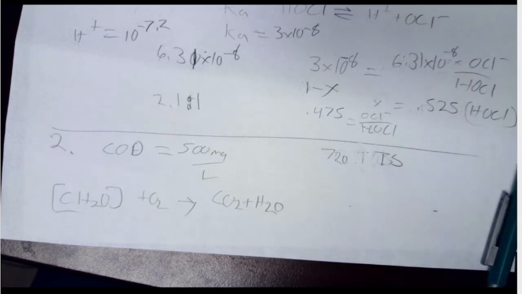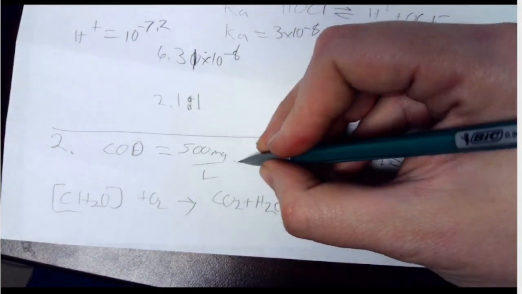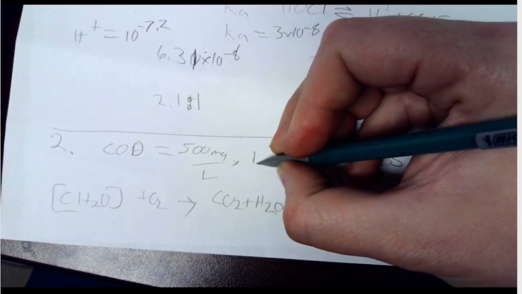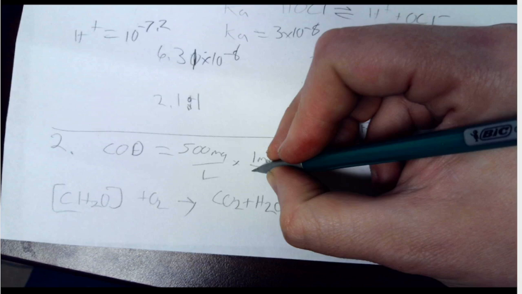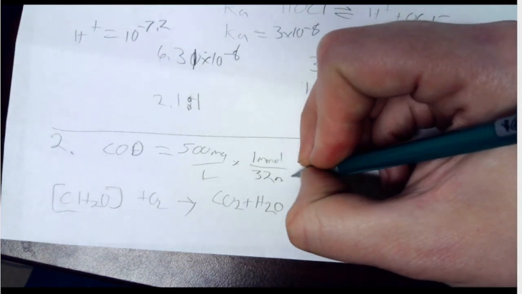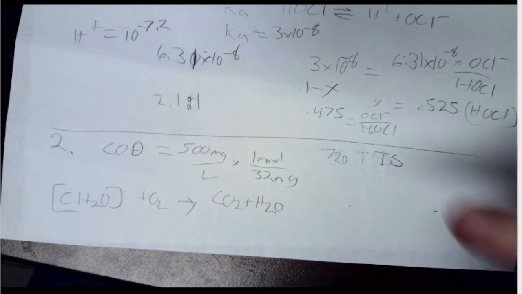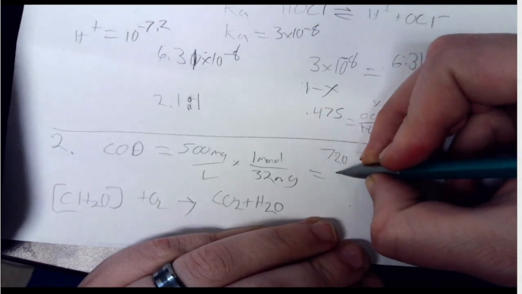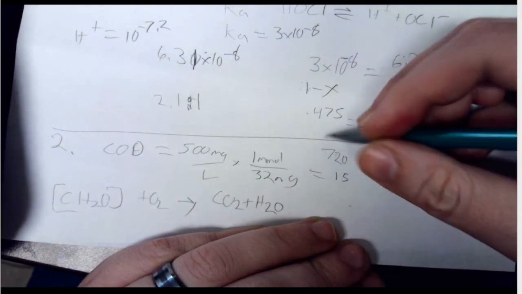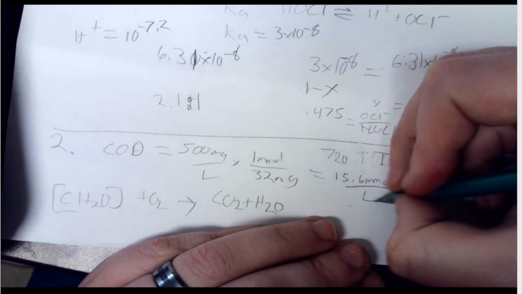With that in mind, 500 milligrams per liter, if 1 millimole is 32 milligrams, like usual, we did this one in the last chapter. So 500 divided by 32 is going to be 15.6 millimoles per liter.